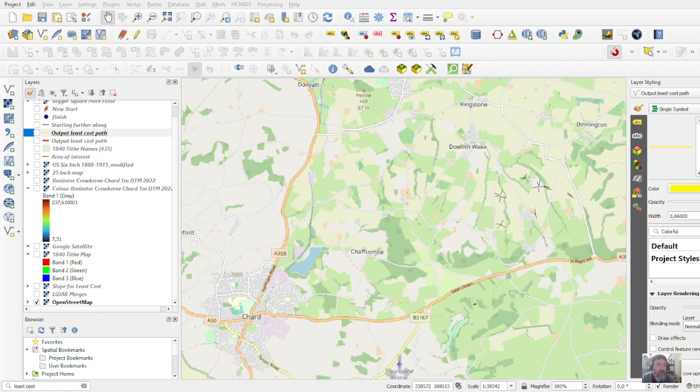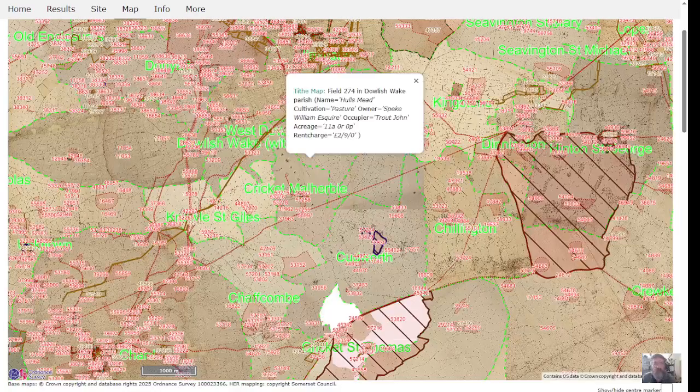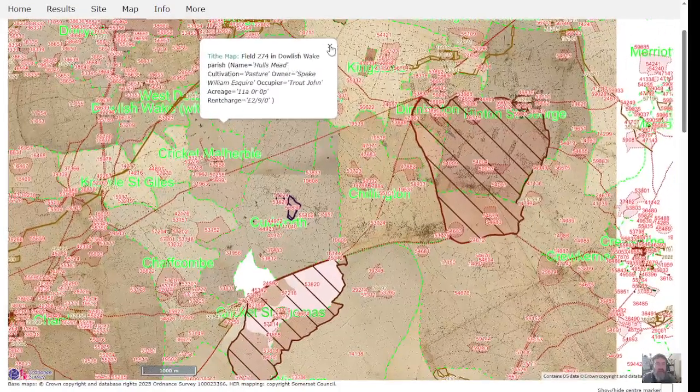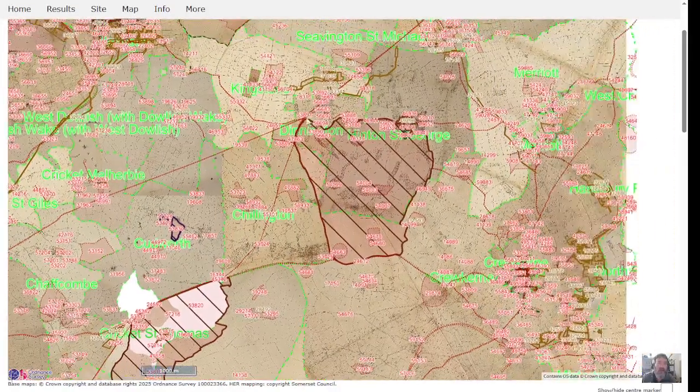I can't find the other windows that have got the Somerset HER on them. What I haven't done is put the Somerset HER back on here, so let's just do that. The Somerset HER has two routes.